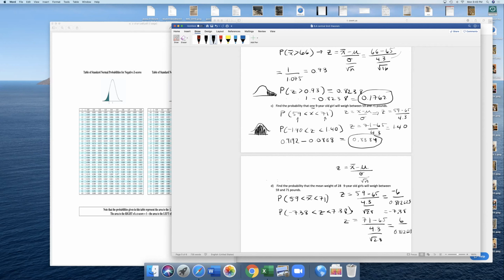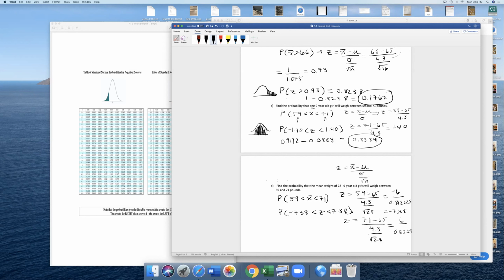Now, why is this z-value so big? Well, again, we know that the weights of 9-year-old girls should hover somewhere around 65 pounds. If we pull 28 of them aside and take the average of their weights, the probability that it's going to be 71 pounds, fairly far away from 65, means that we're dealing with a very big, heavier group of 9-year-olds.